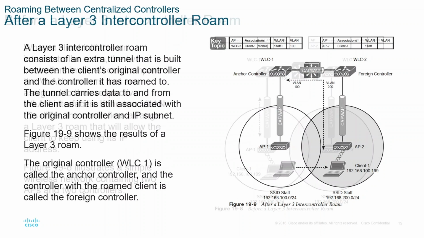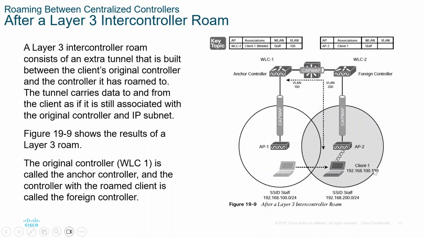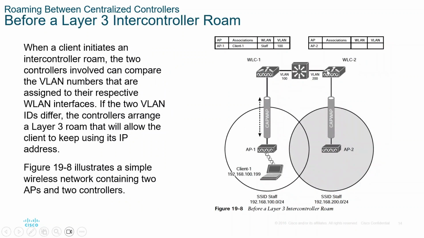Then in layer 3, okay, now since in layer 3 they don't have the same VLAN, they don't have the same network, which is this one, here it will be 192.168.200. Okay, so in this place maybe the connection and everything, they have a different network, but the WLC will share this information, like, hey, let me know.